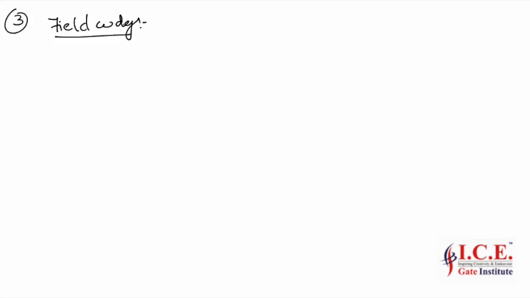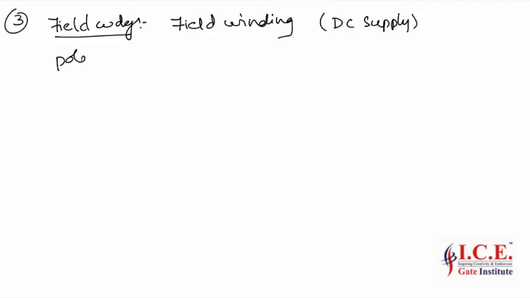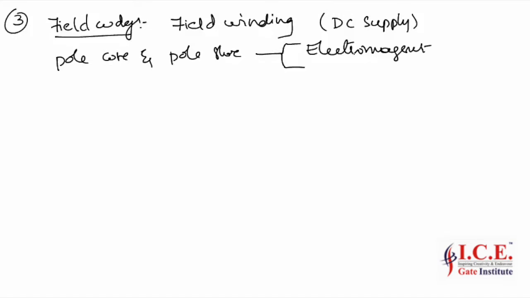The purpose of the field winding is that it carries the field current whenever it is excited with a DC supply, so that the pole core and pole shoe behave as an electromagnet, which has the capability to produce the flux. Therefore, the amount of flux in the air gap is directly proportional to the field current IF.